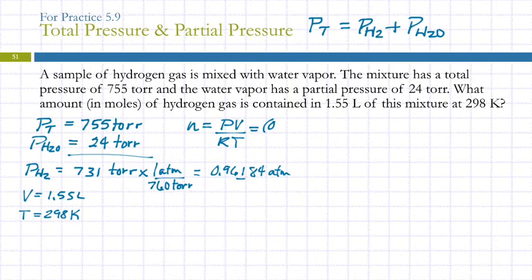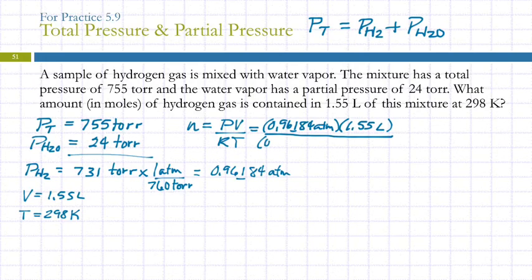It's the pressure, 0.96184 atmospheres. What's the volume? 1.55 liters. I don't need to change that unit because it's already the correct one.